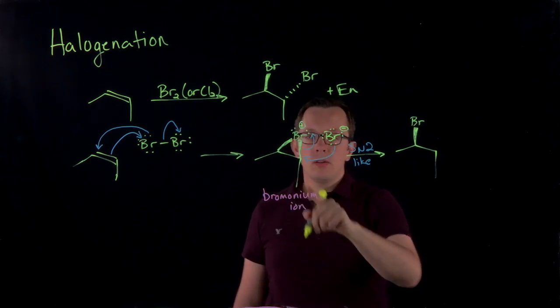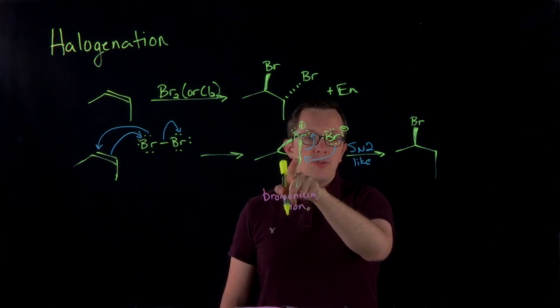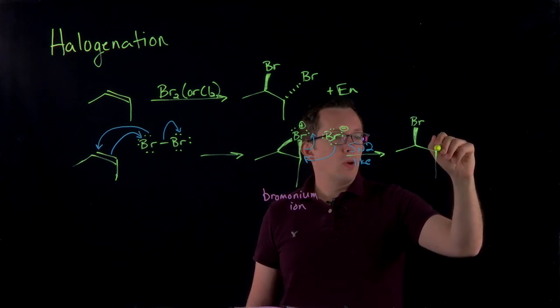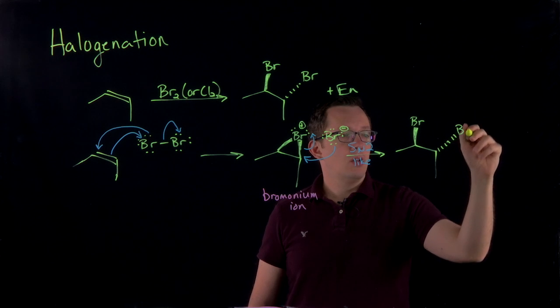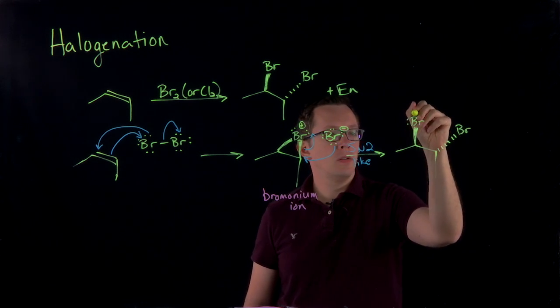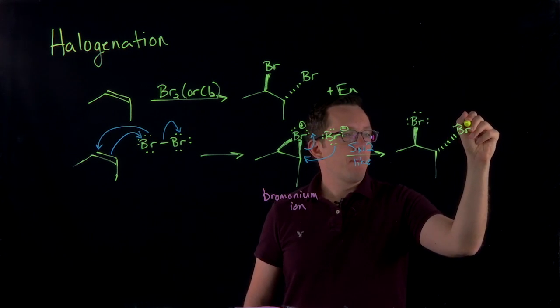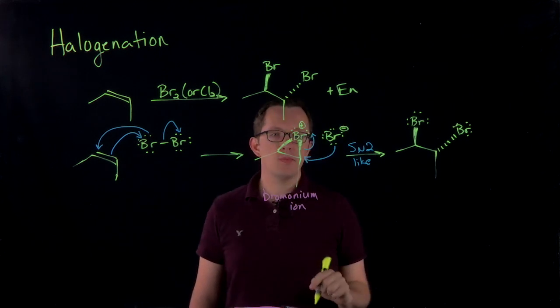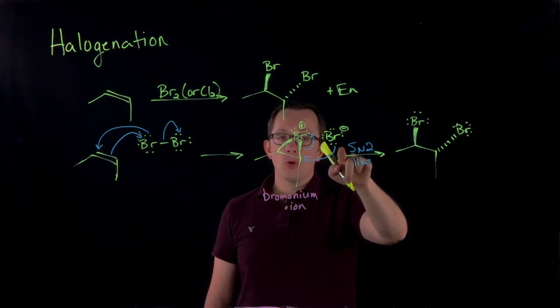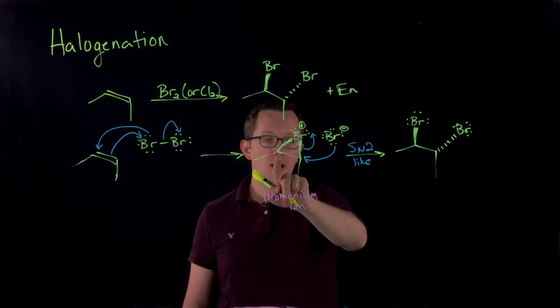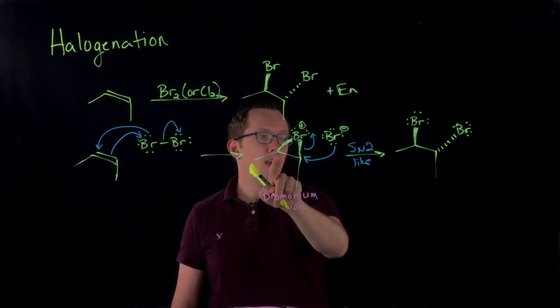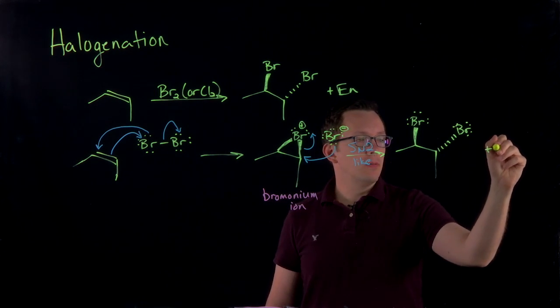So by doing that, the stereochemistry of this position is going to flip, where we're now going to have a bromine on a dashed bond. Right? And you get this product. The bromide is just as likely to attack the other side of the alkene, and if we did that, we actually get the enantiomer of this product.